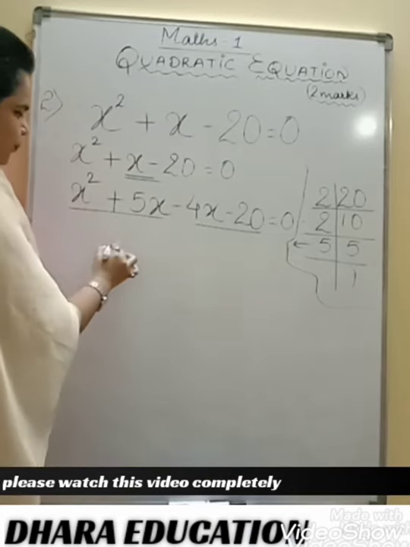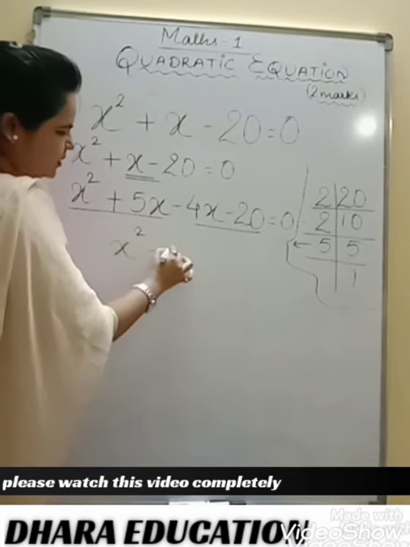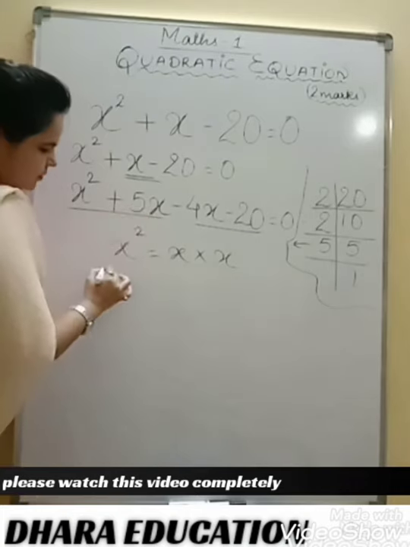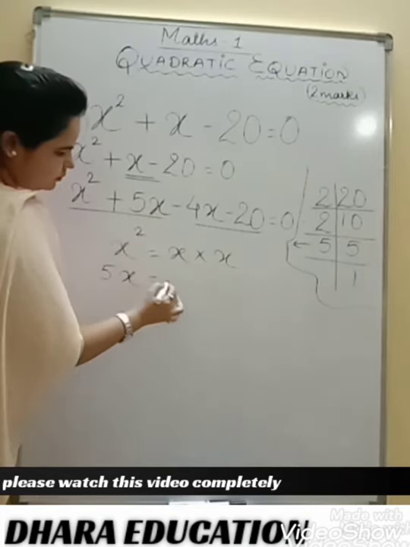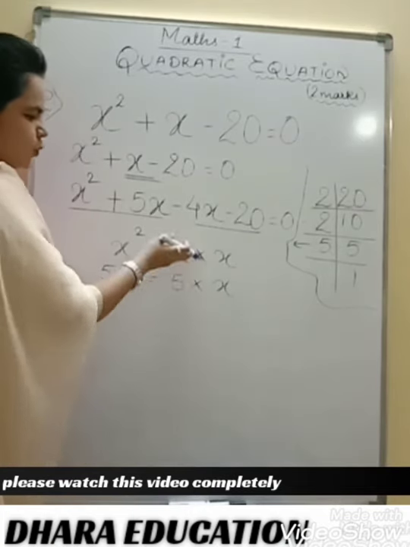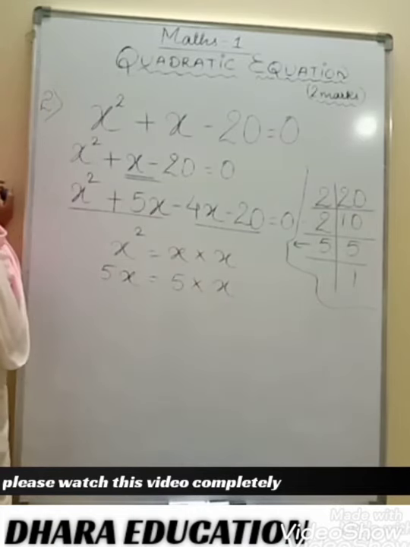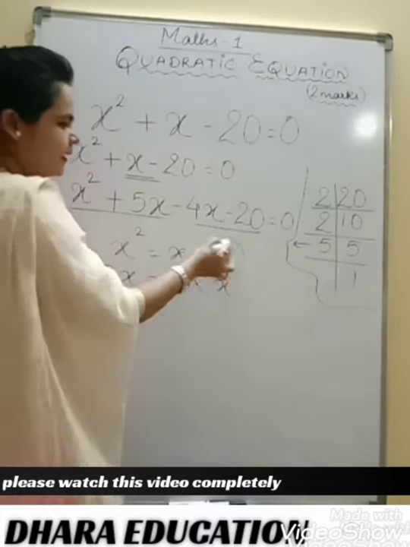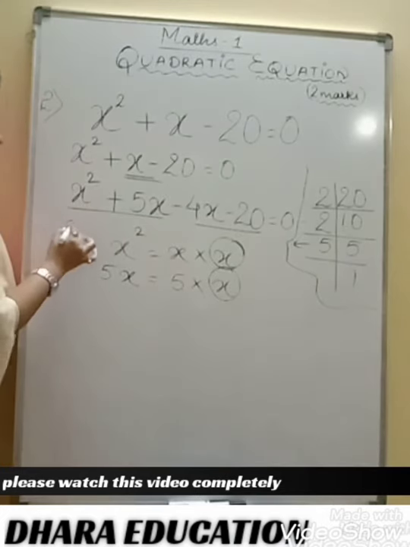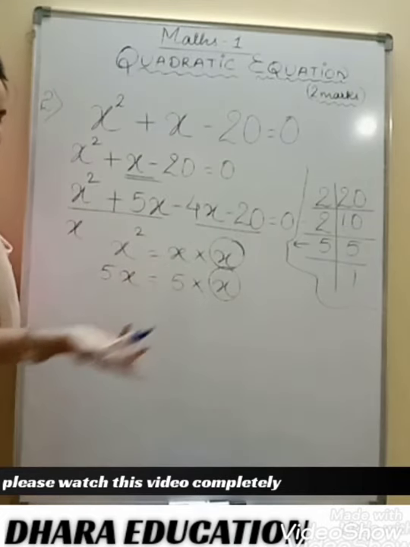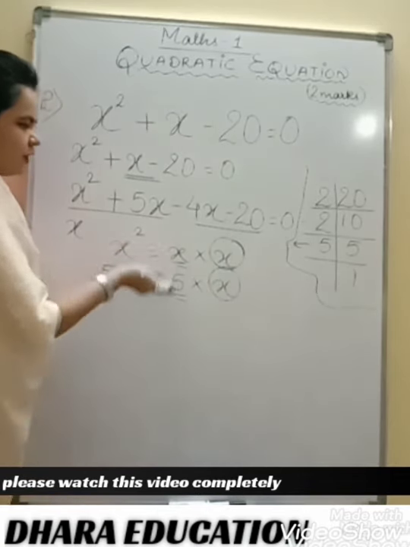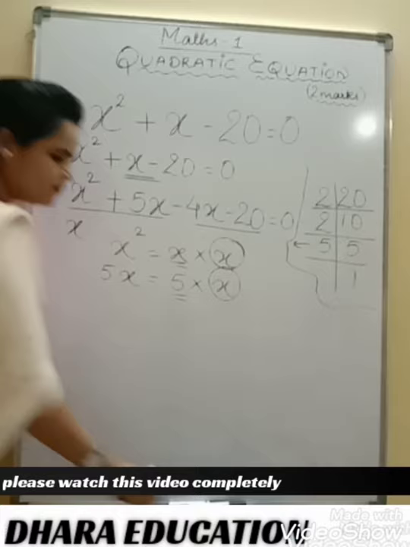That also I will let you know. x squared means x multiplied by x. 5x means 5 multiplied by x. In these two particular terms, which one is common? Exactly, x is common in both the terms. So we are going to write x here. This is the common part and this is the remaining part, which we have to write in the brackets.